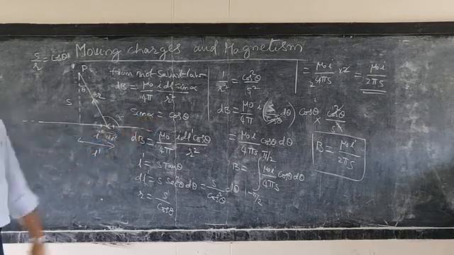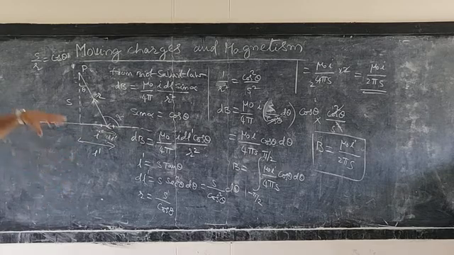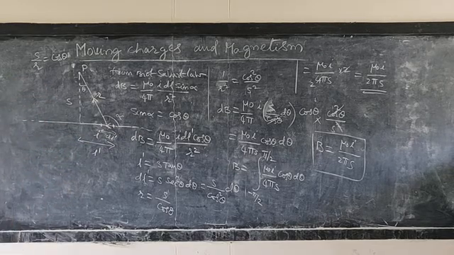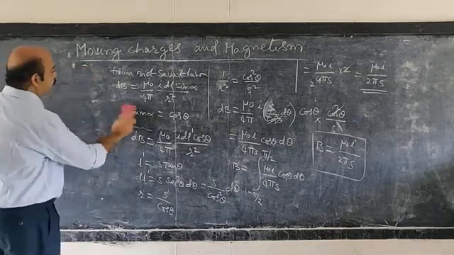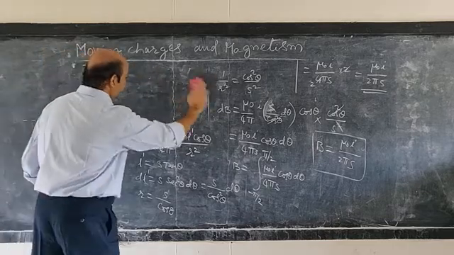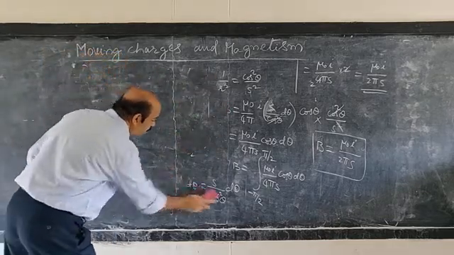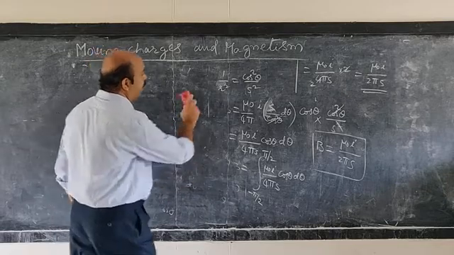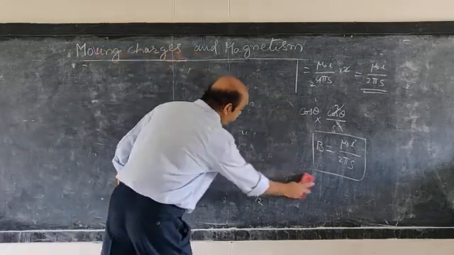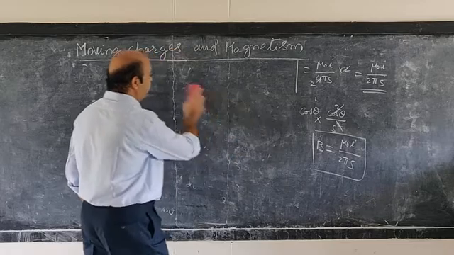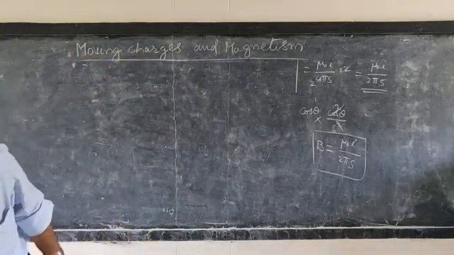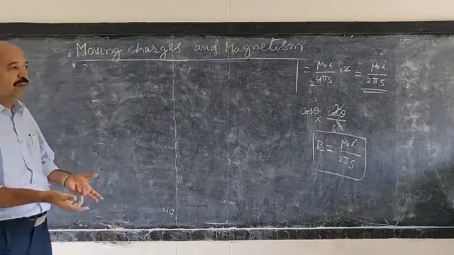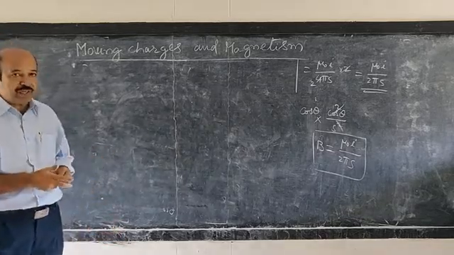So that formula we take as it is, and we will discuss Ampere's circuit law. Ampere's circuit law is nothing but another way of expressing Biot-Savart's law. Both relate the source with the field they produce, but the method of expressing the relation is different.